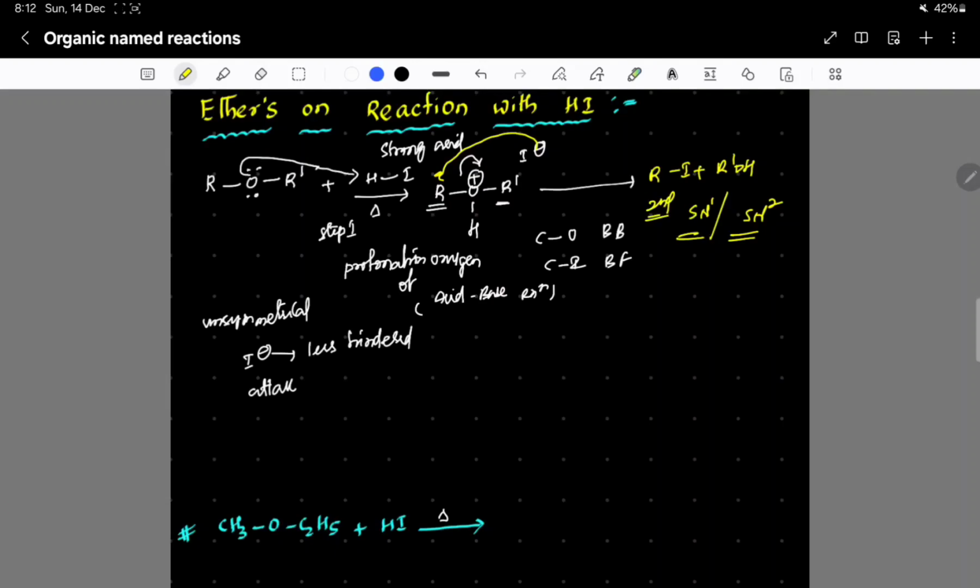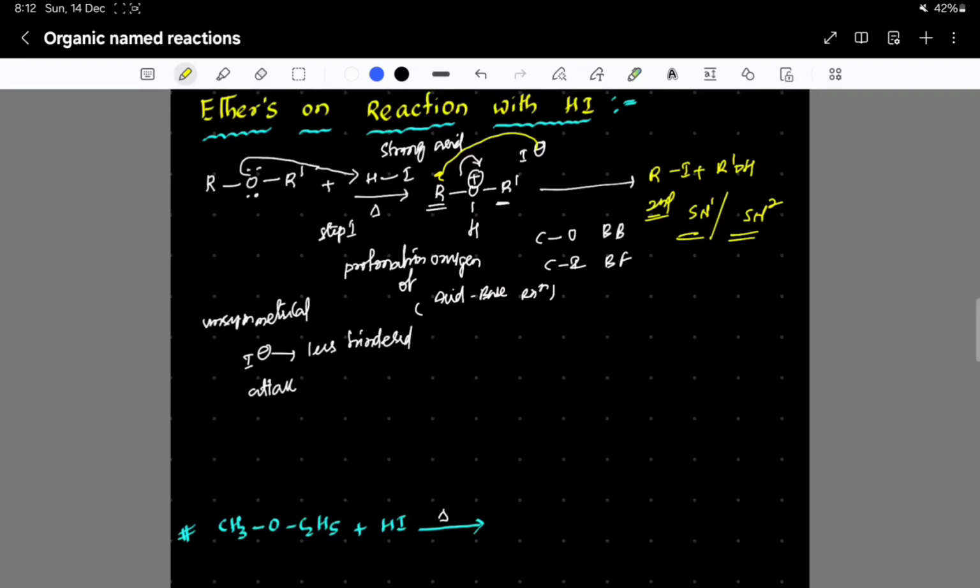Now the question will come, sir, when will it undergo the SN2 mechanism and when will it undergo the SN1 mechanism? Look, if any tertiary ether type of compound is there or any benzylic carbon is present, under these specific conditions it follows the SN1 mechanism. In the remaining other cases, students, it follows the SN2 mechanism only.